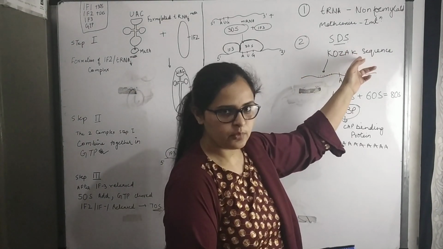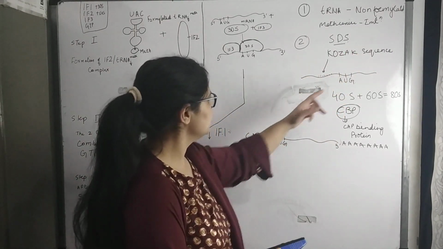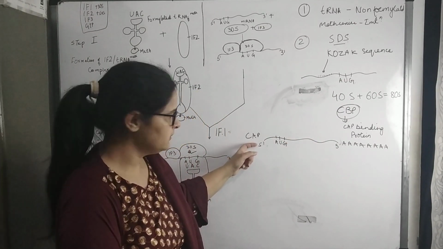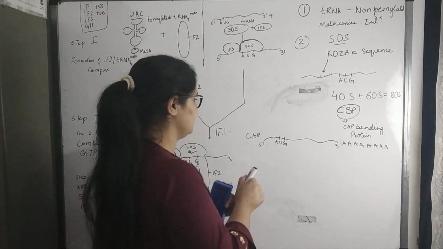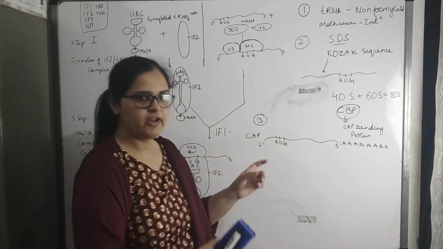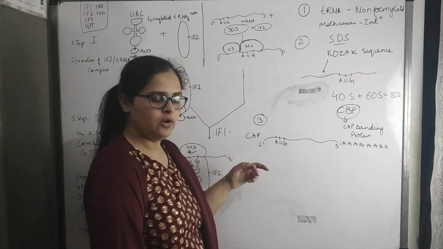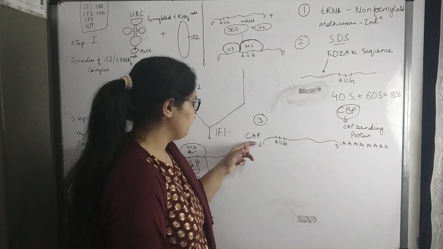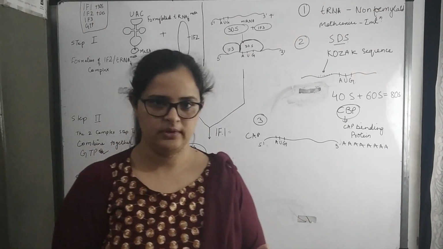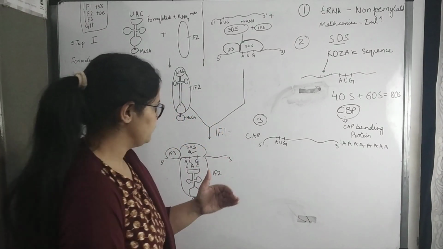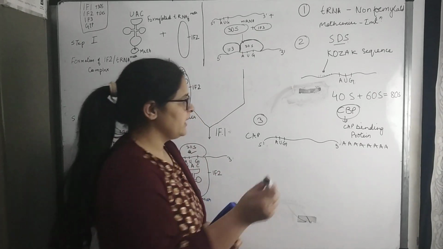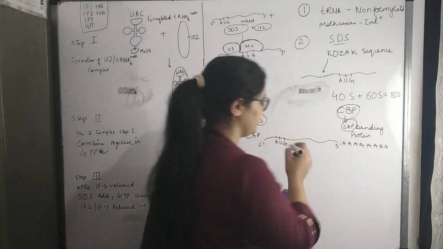Second, there are Kozak sequences present just upstream to the AUG, and one more important factor is the cap. Number 3 is the cap. In eukaryotes, the 5' end always has a cap sequence. The cap sequence is 7-methylguanosine, which is recognized with the help of cap binding protein.